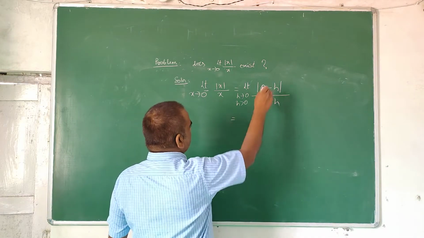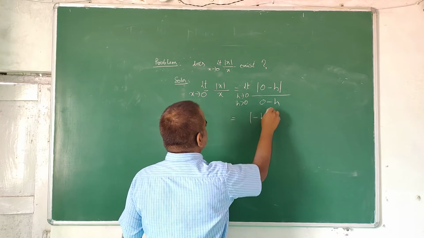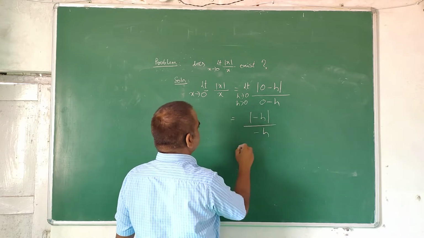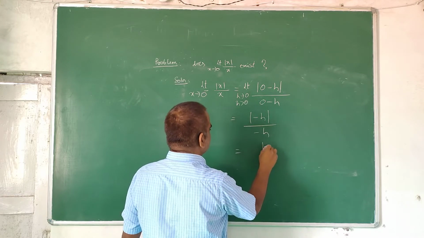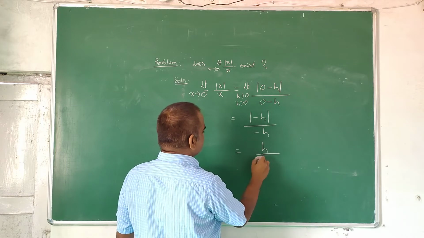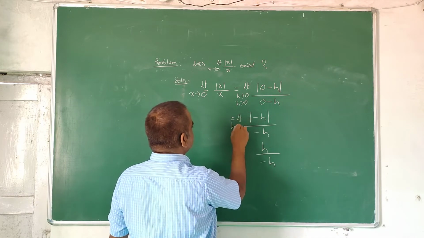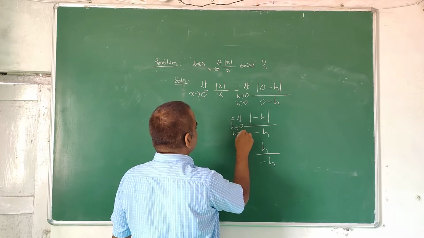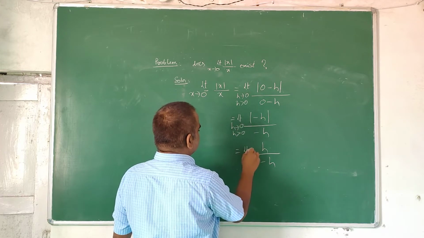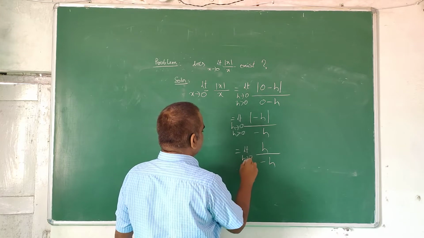So this is equal to mod of minus h by minus h, where mod of minus h is h only, by minus h remains minus h, limit h tends to 0, h greater than 0.